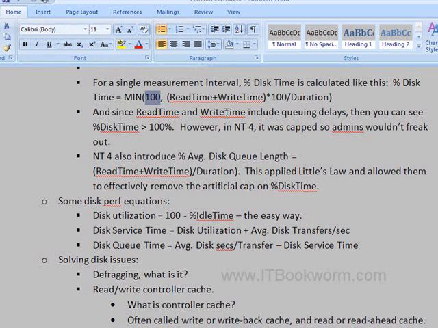And in NT4 they started capping that at 100, because with queue times, and this is where the percent disk time becomes kind of invalidated as a servicing measurement, with queue times and wait times and all of the other things that go in there, you can easily get a percent disk time over 100% on a busy system.